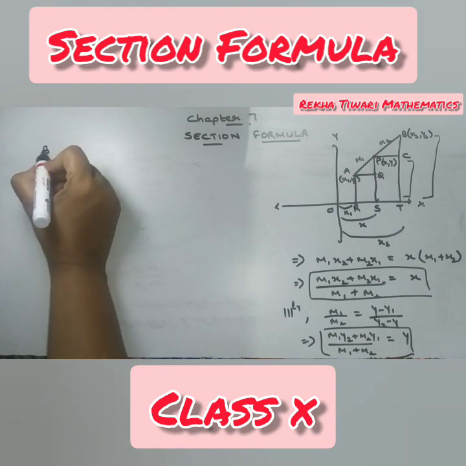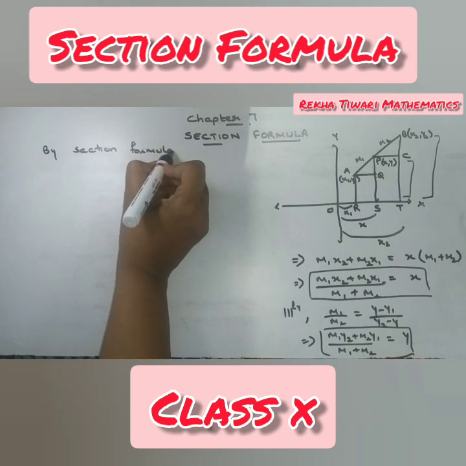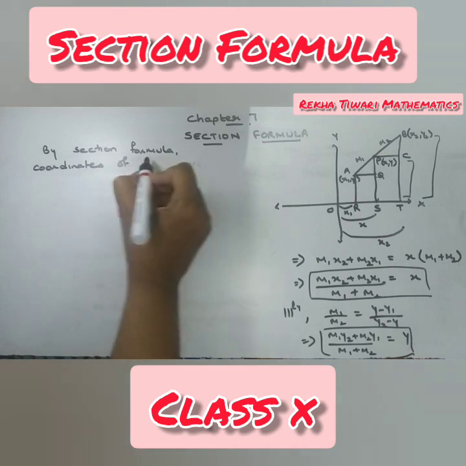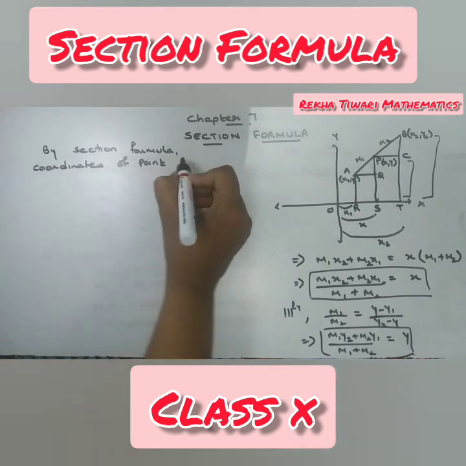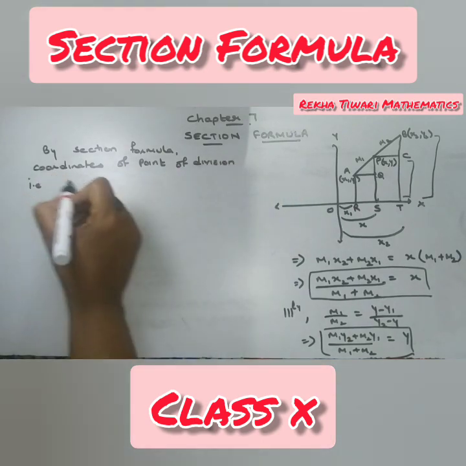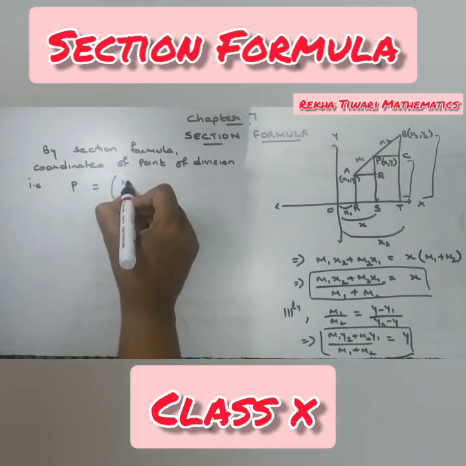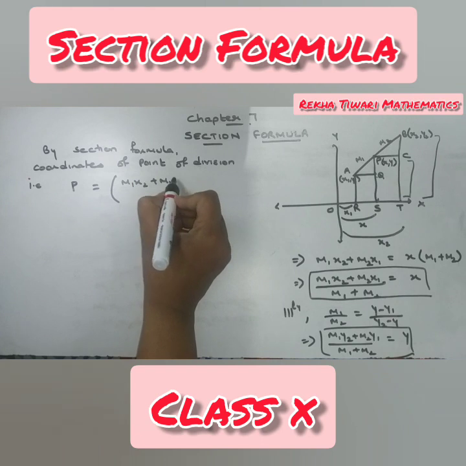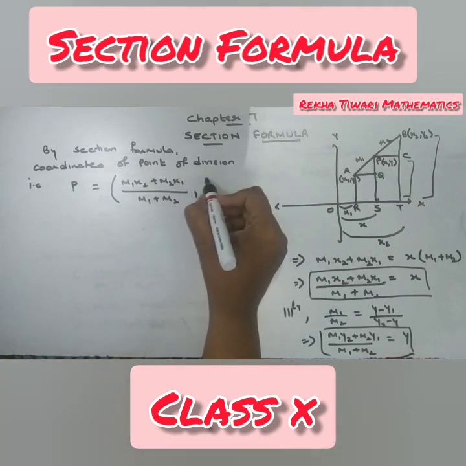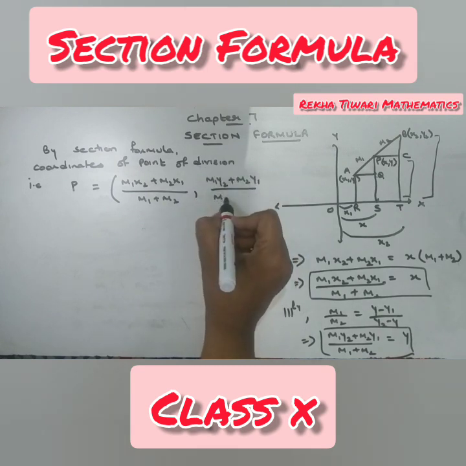So by the section formula, the coordinates of the point of division, that is P, are: the x coordinate is m1 x2 plus m2 x1 upon m1 plus m2, and the y coordinate of P is m1 y2 plus m2 y1 upon m1 plus m2.